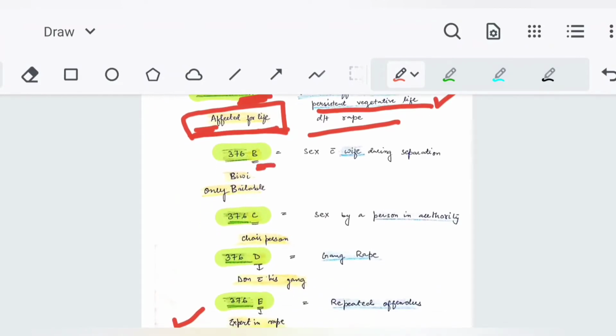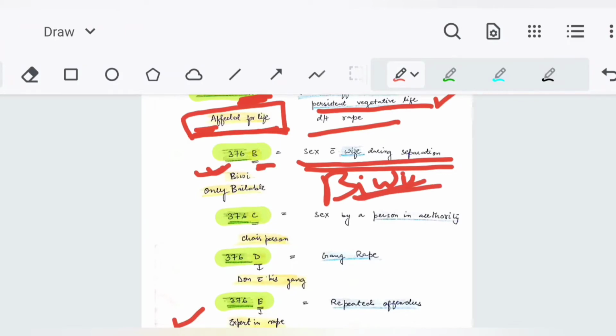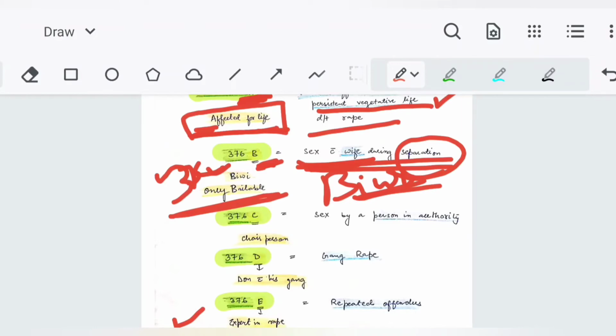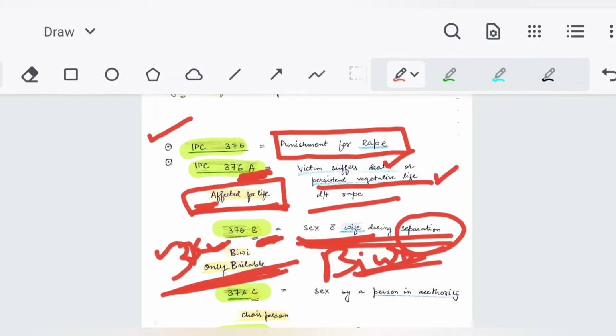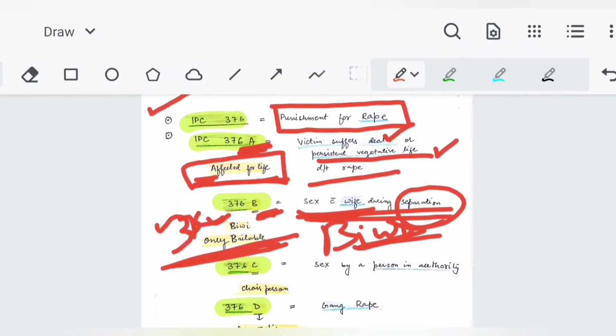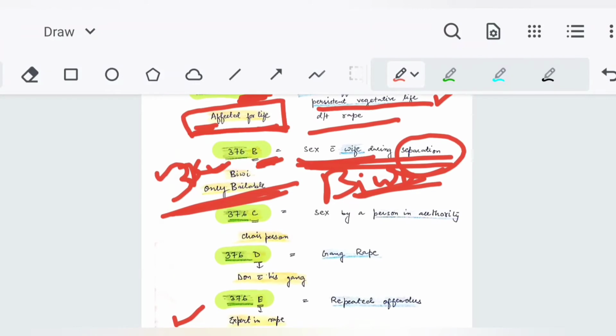Now B is sex with wife during separation, that is B with BB. We call wife in Hindi as BV, right? So sex with wife during separation is 376B, and this is the only bailable rape punishment. Okay, all others will be non-bailable.